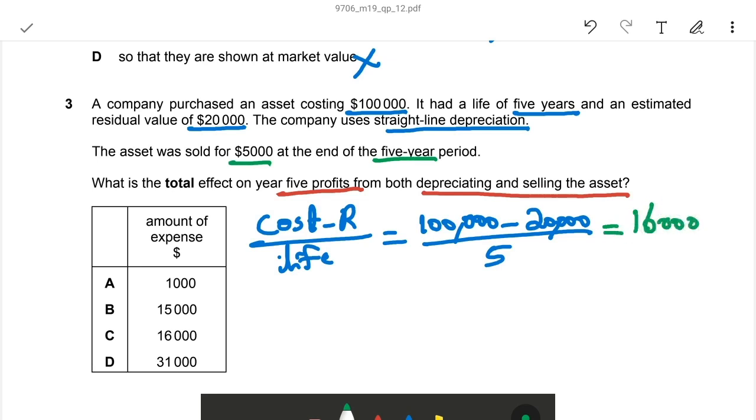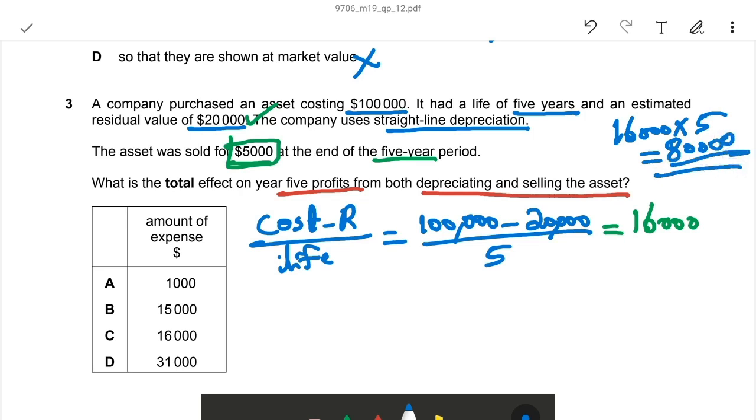Depreciation is 16,000. Then after 5 years, the business sells the asset for 5,000. 16,000 into 5, 80,000 has gone as depreciation. So 100,000 minus 80,000, now the net book value of the asset is 20,000. But the business sold the asset for 5,000.